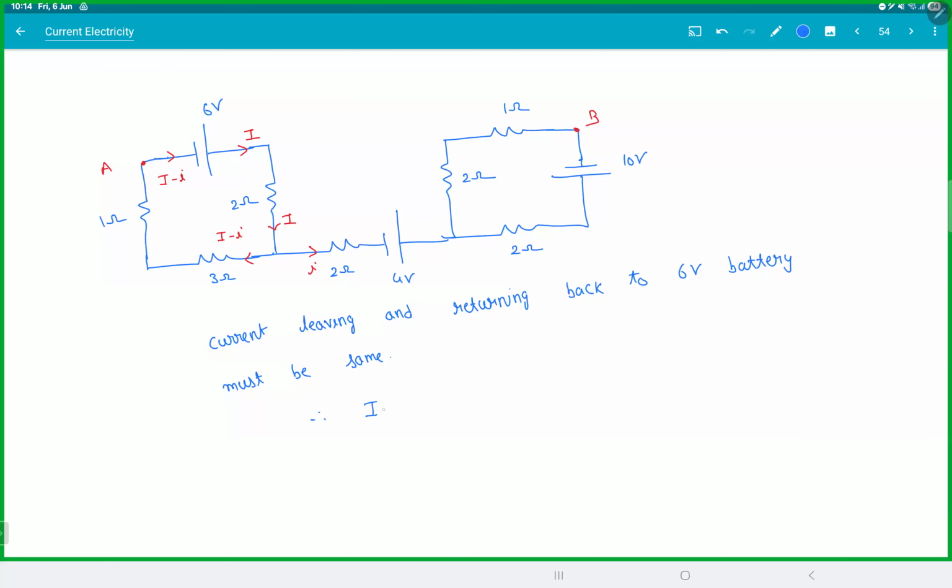Therefore, I must be equal to I minus i. Therefore, i is equal to 0. Getting it? So there will be no current in the connecting branch.